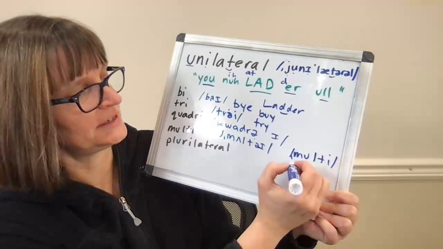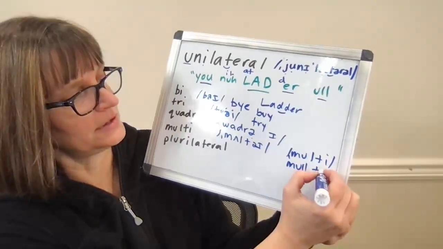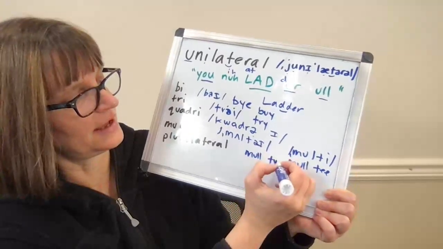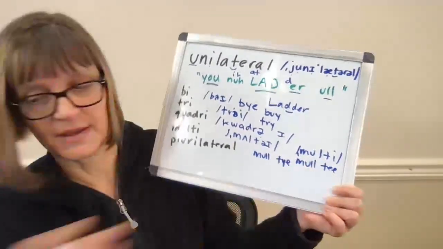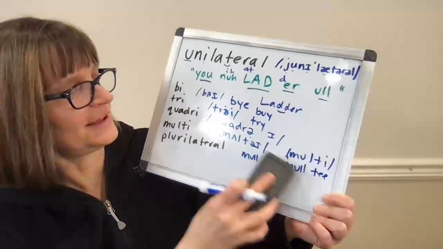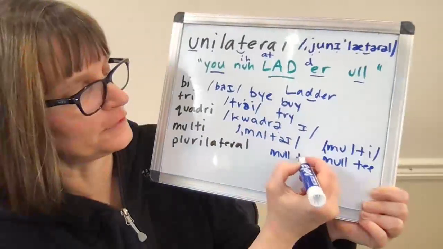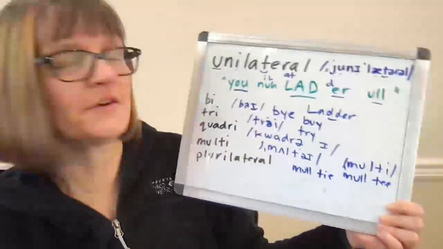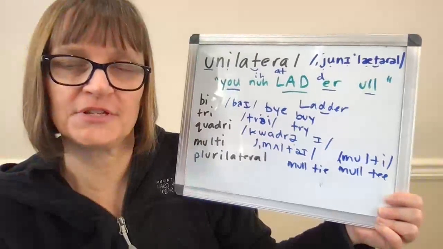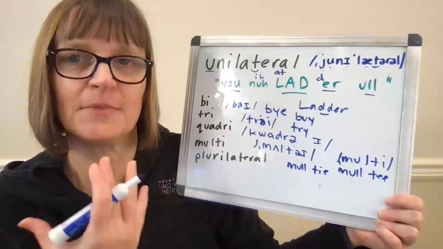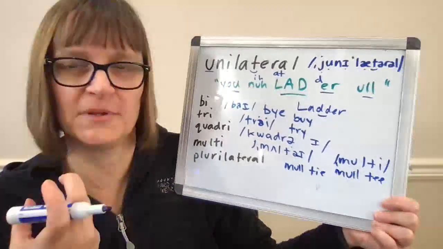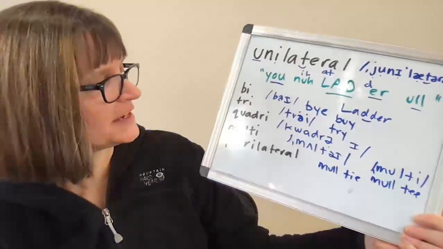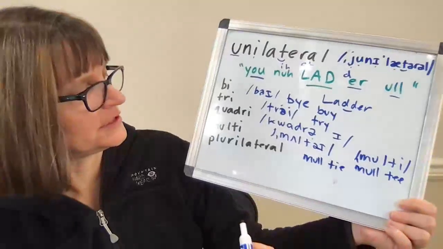So thinking about that like multi-tie, like the verb to tie, or multi-tee. Multilateral, or multilateral. In both of those, I do tend to use that aspirated T, multilateral. It would be strange to use a flap. And we have a little bit of secondary stress here on the mul syllable.